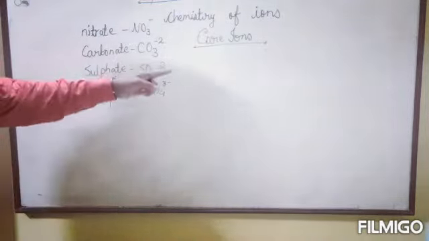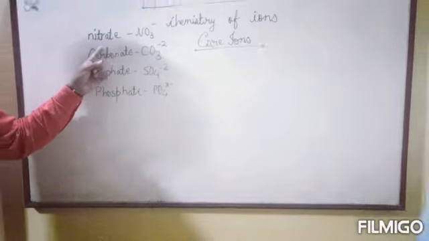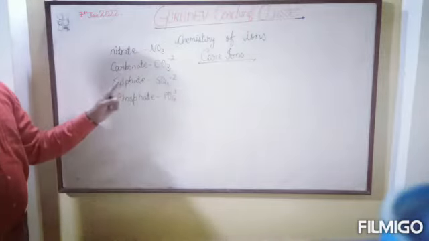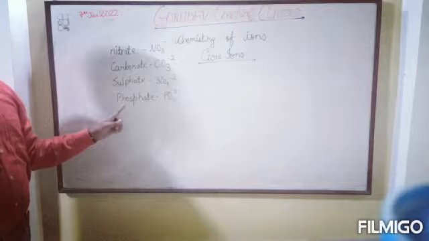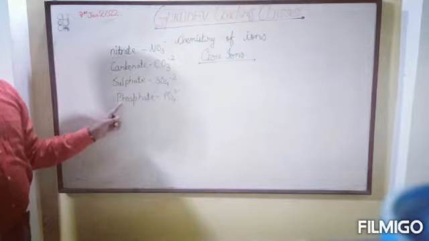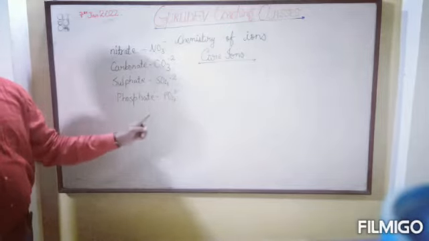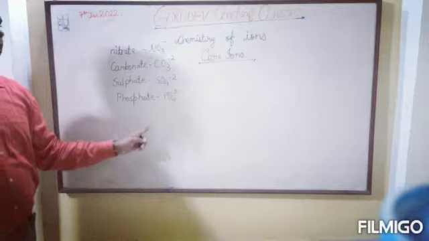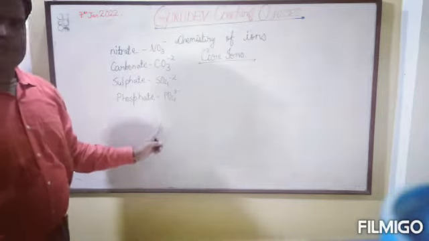So in the form of core ions, we have nitrate ion, carbonate ion, sulfate ion, and phosphate ion. And along with them, we are getting here the chemical formulas of the ions.